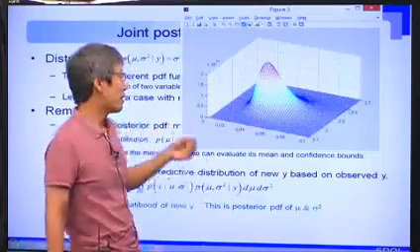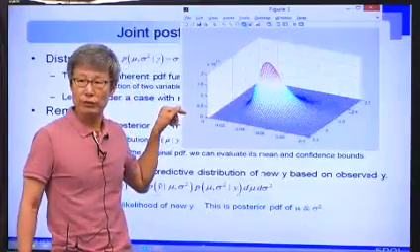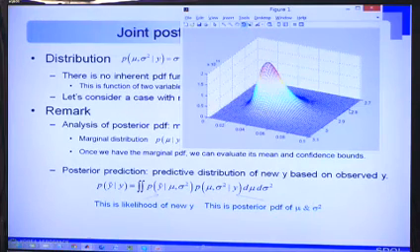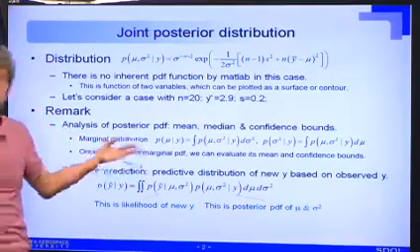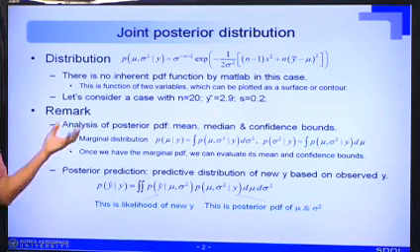Then it will be the PDF of the marginal distribution at this direction. So we have to conduct the integration to obtain that marginal distribution function based on these two equations. Once we have that marginal distribution, we can move to evaluating the mean and confidence bounds, and at the end get the answers we would like.